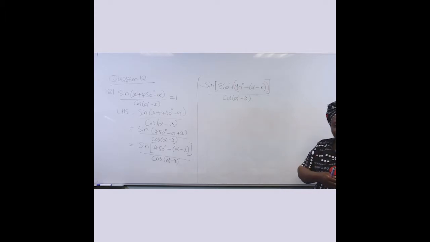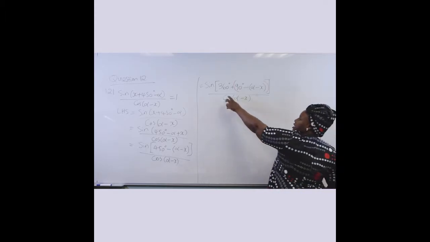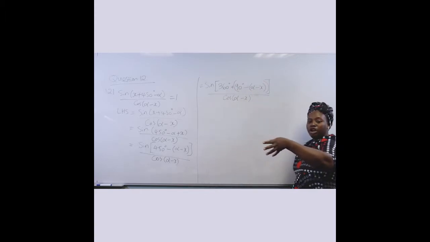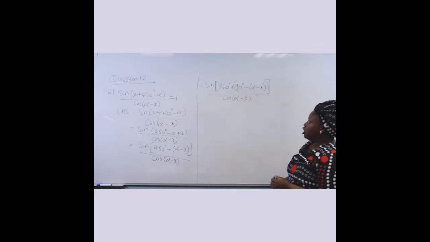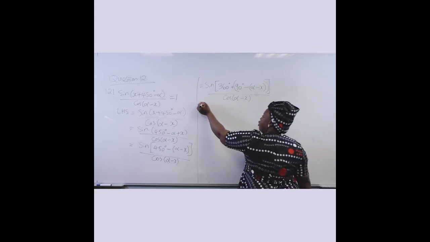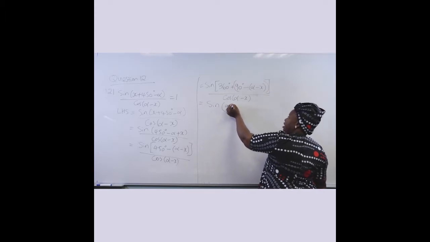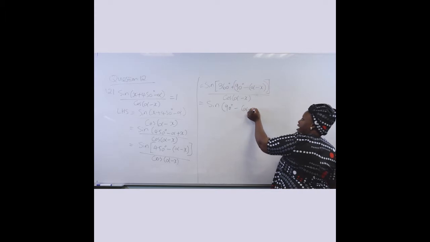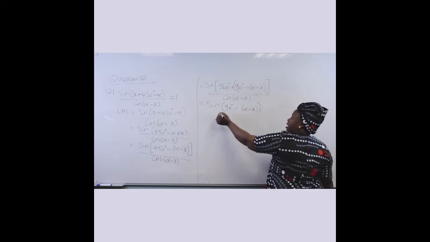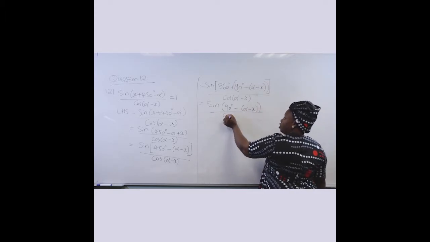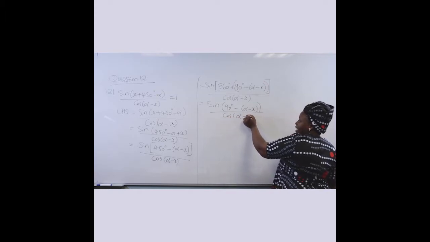So you substitute that in that manner. 360 plus is in the first quadrant, for which all ratios are positive, so even sine is going to be positive. Therefore, we write it as sine of 90 minus alpha minus x, and we divide that by cos of alpha minus x.